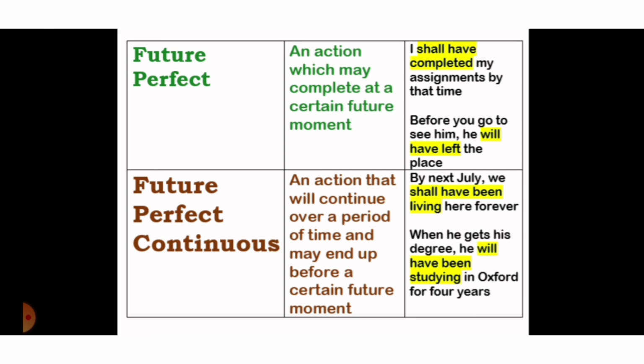Next, when he gets his degree, he will have been studying in Oxford for 4 years. So when he gets his degree, he will have been studying in Oxford for 4 years. For the upcoming 4 years, that means in future, he will continue studying before the 4 years end. So this is future perfect continuous.